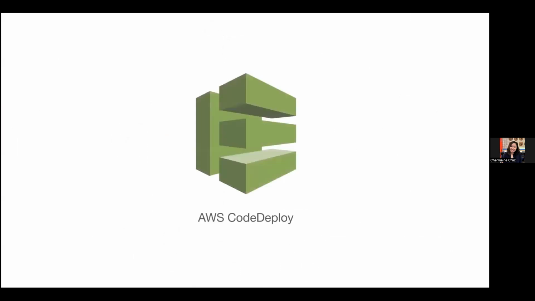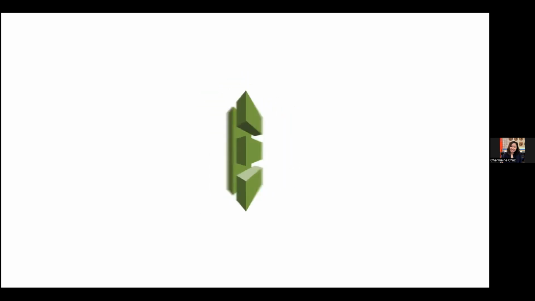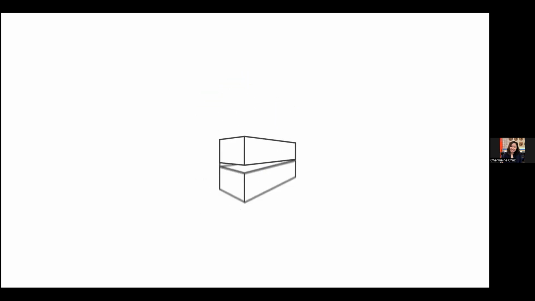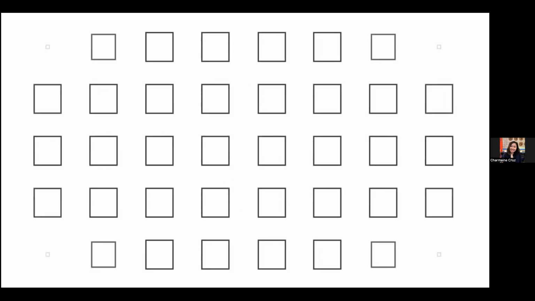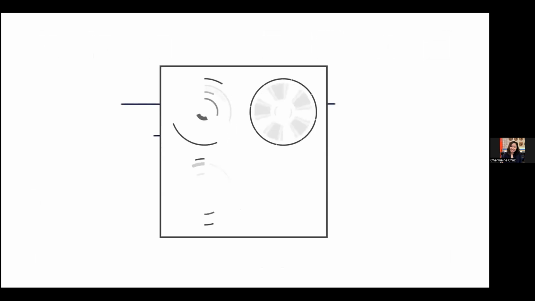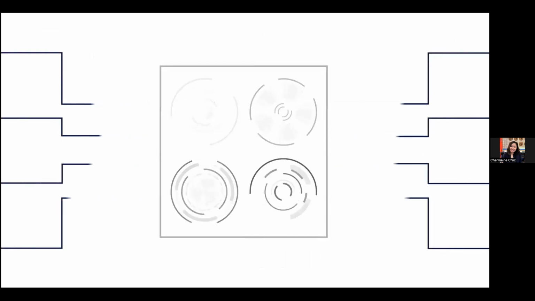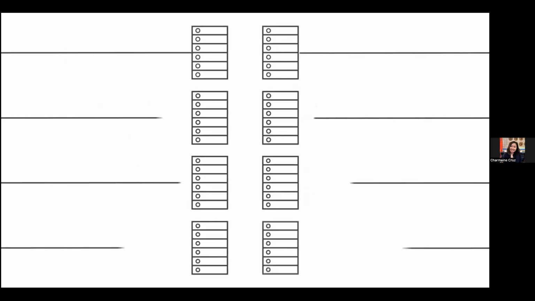Wouldn't it be nice if you can automate the deployment of your application into production so you can rapidly release new features? Introducing AWS Code Deploy, a service that coordinates your application deployments and updates across a fleet of Amazon EC2 instances of any size. AWS Code Deploy fully automates your application deployments, getting rid of the need to do things manually.